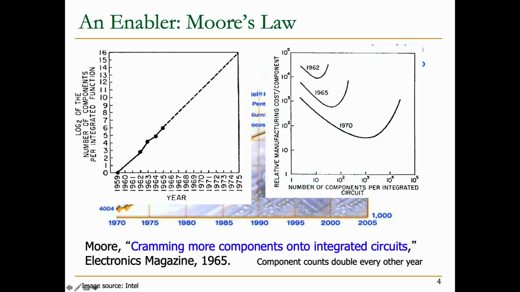This is another figure from the same paper, where you can see, for a specific year, the relative manufacturing cost per component and the number of components per integrated circuit. As you increase the number of components per chip or wafer, the cost per component drops.